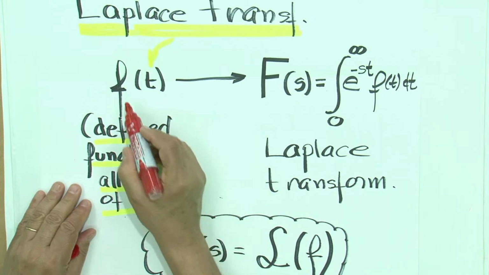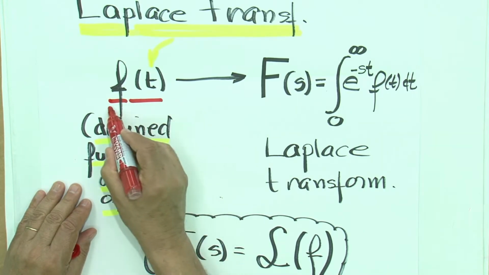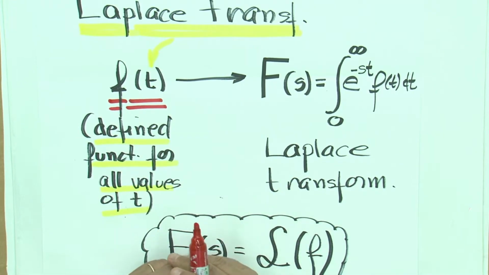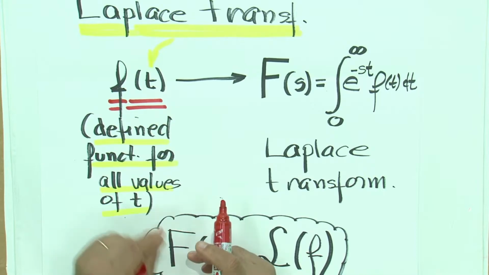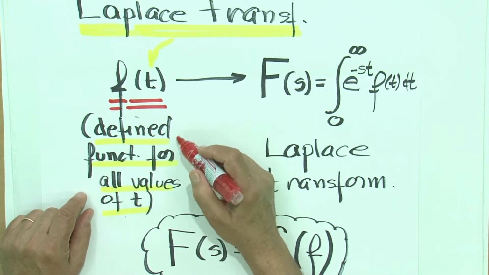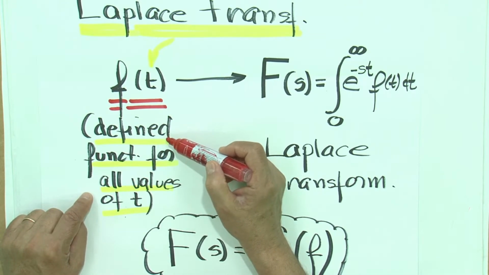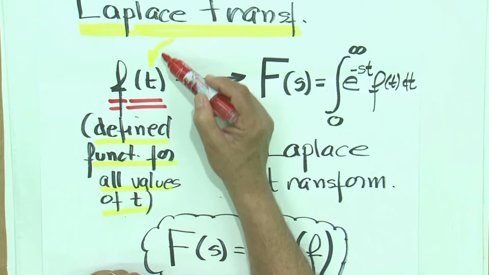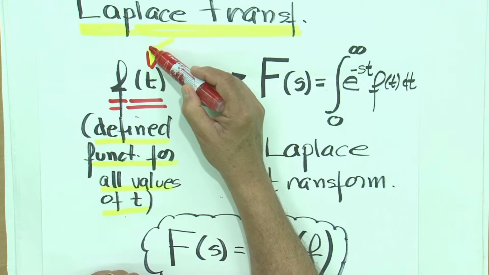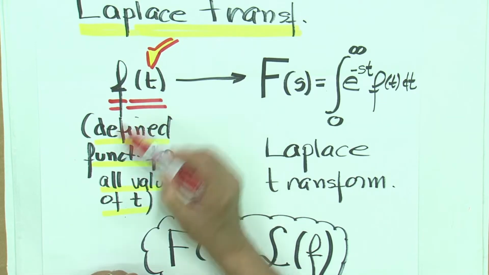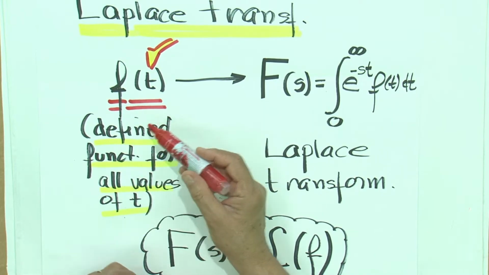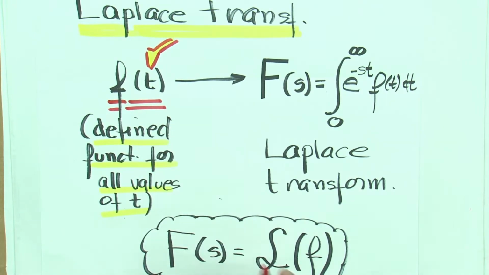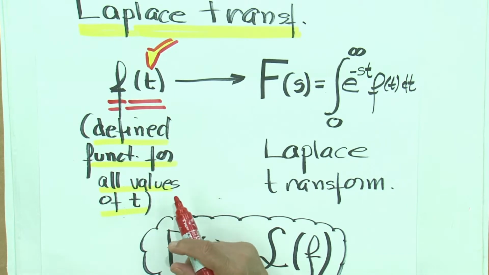So here we have a function that we call f of t. The only condition is that it has to be defined for all possible values of my independent variable, which in this case I call t. But as I told you, you can call it anything.